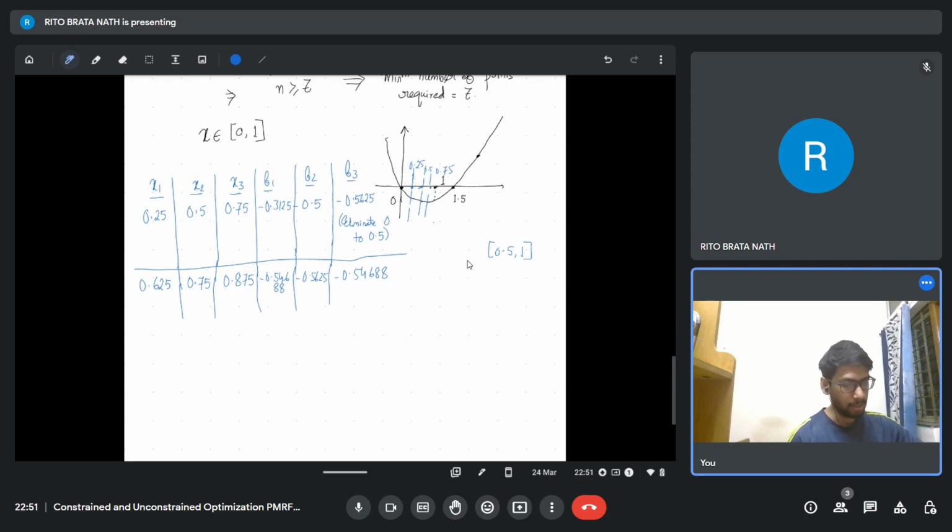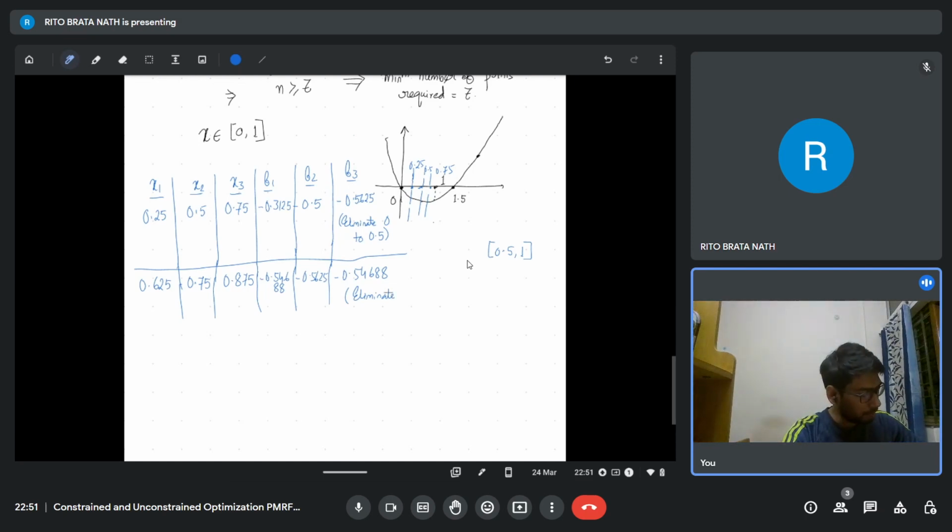And that means your minima will be lying within the interval 0.625 to 0.875. So you notice you are just halving your interval at every iteration. So you can eliminate 0.5 to 0.625 and 0.875 to 1. Okay, so that would be your iteration 2.